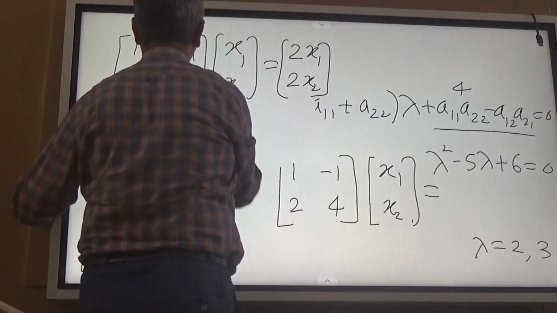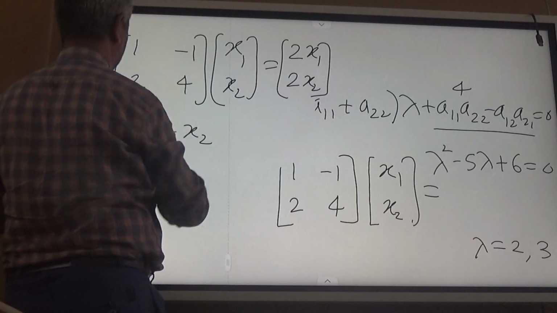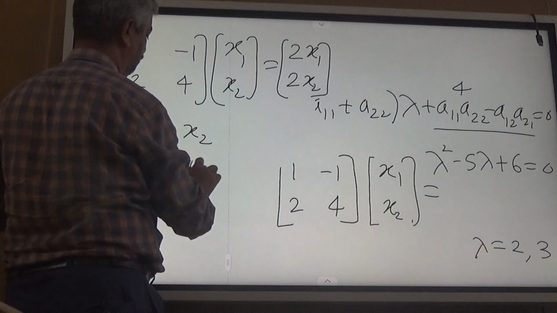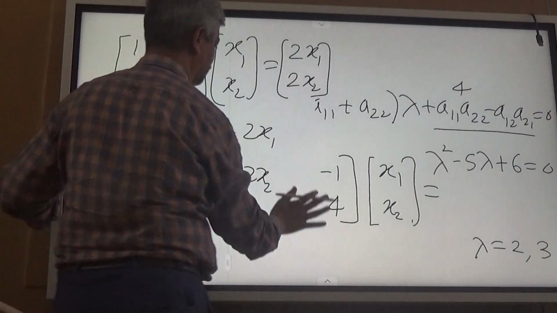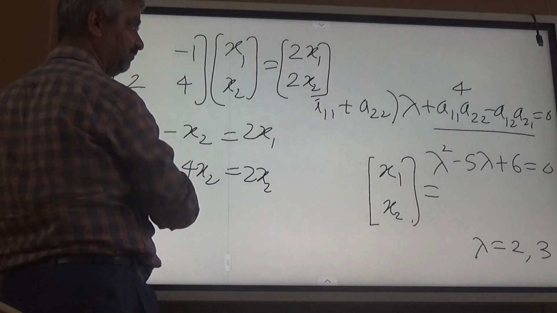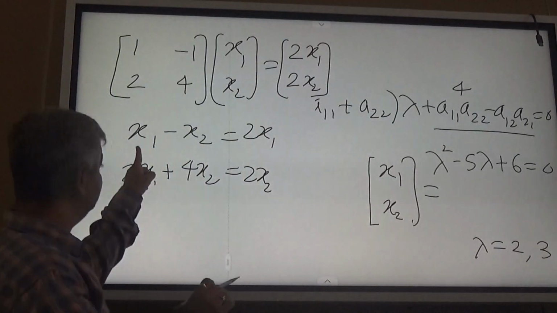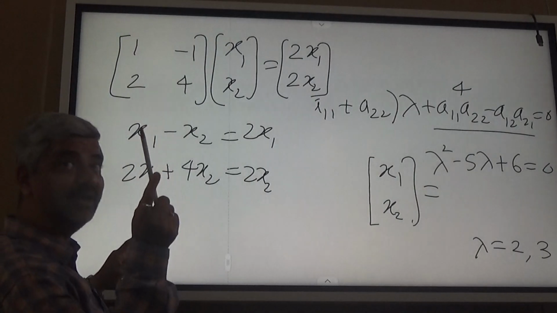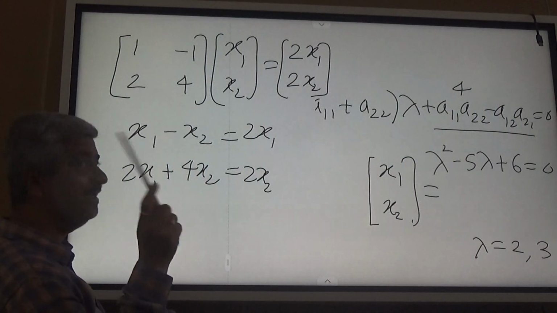So this we have got x1 minus x2 and 2x1 plus 4x2, that should be equal to 2x1, this should be equal to 2x2. So when we get this, what do we get? x1 equal to minus x2, right?